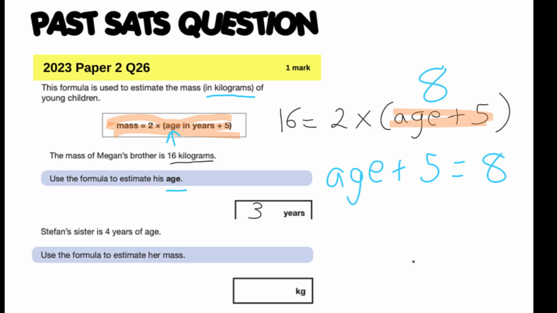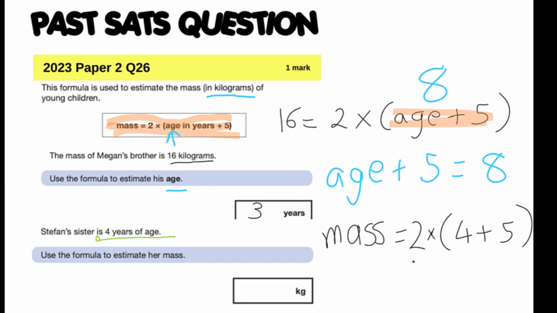Okay, so the next bit is we know how old Stefan's sister is. We've got the age here, and we need to find out what the mass is. So for this one, we would say the mass is equal to 2 times, and then we know her age is 4, so instead of writing age, we can put 2 times 4 plus 5, because we know the formula says plus 5.